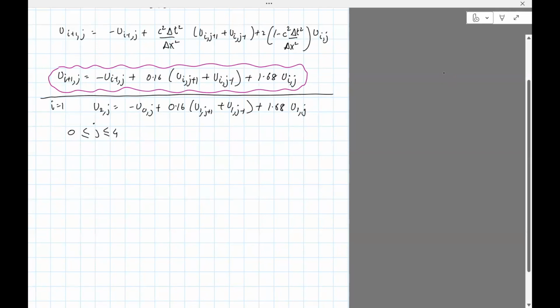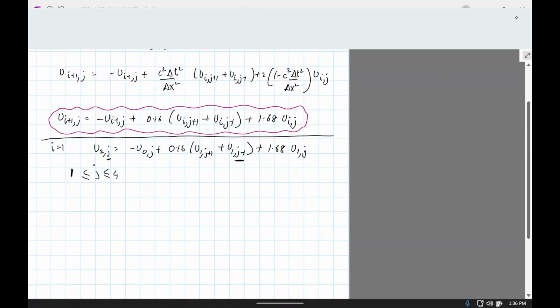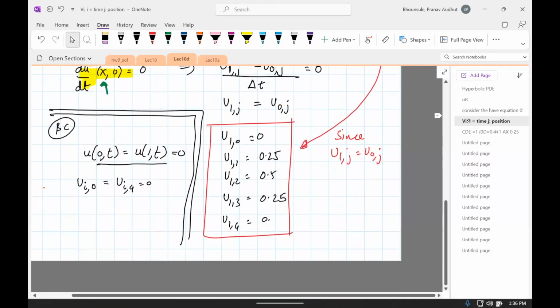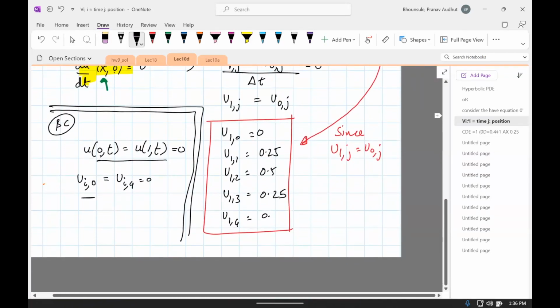But there's a catch. You cannot just put j equals 0 to 4. If you put j equals 0 here, then you'll end up with 0 minus 1, which is u of 1 comma minus 1. That doesn't make any sense. There's no minus 1. So you cannot put j equals 0. You have to start with j equals 1. Okay, you actually know the value of anything i comma 0. It's one of the boundary conditions. You already know that, so you really don't need it. This is j equals 0.